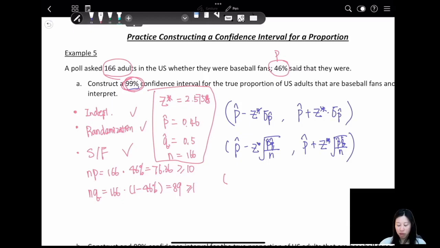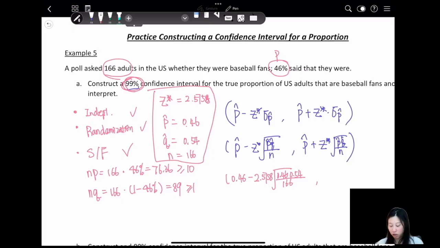So p hat is 0.46 minus 2.5758 times the square root of 0.46 times 0.54 divided by 166.